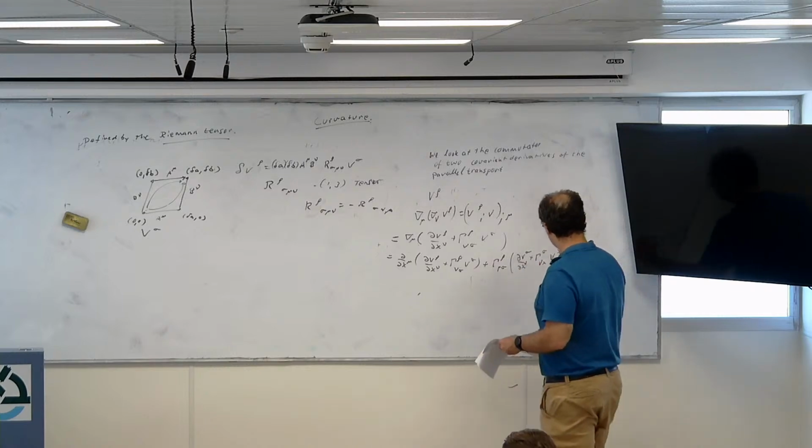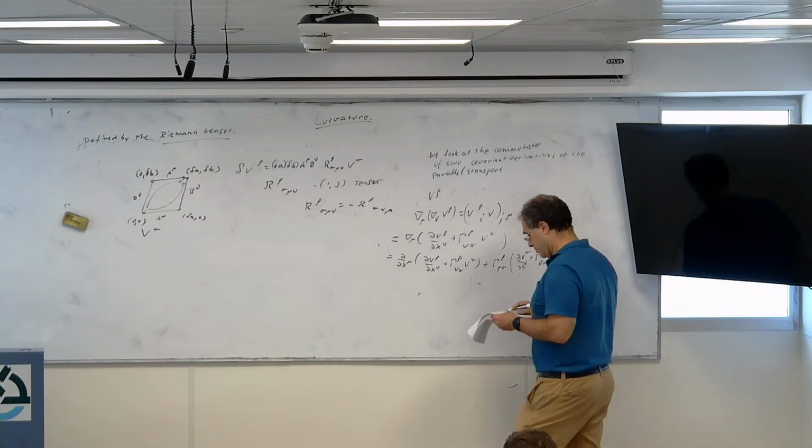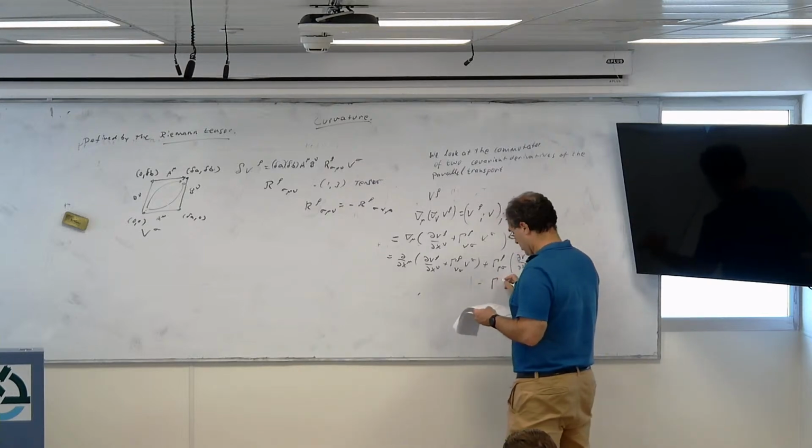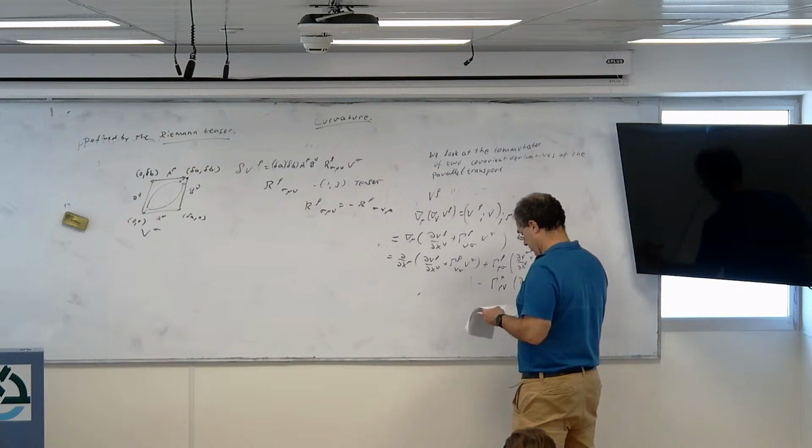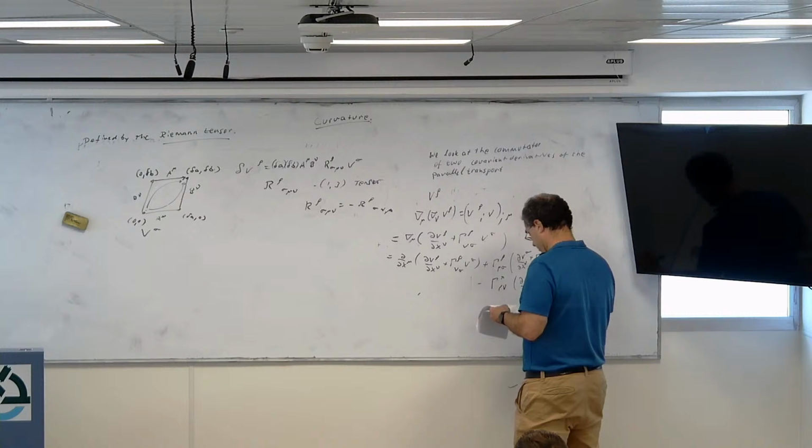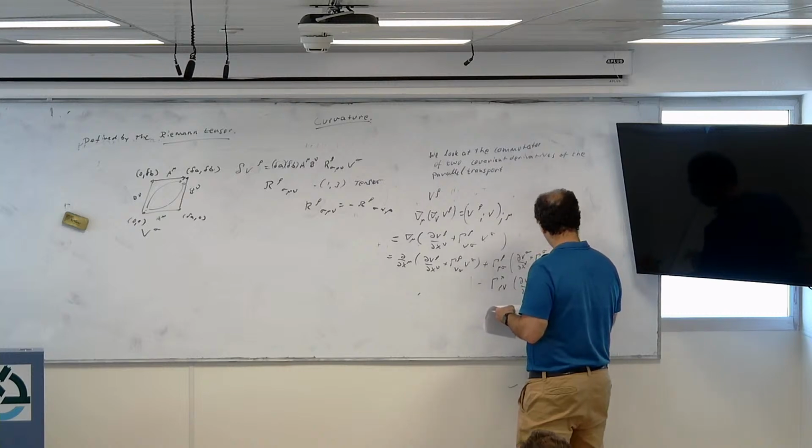And then with a minus, gamma lambda mu dV rho over dx lambda plus gamma rho lambda sigma V.